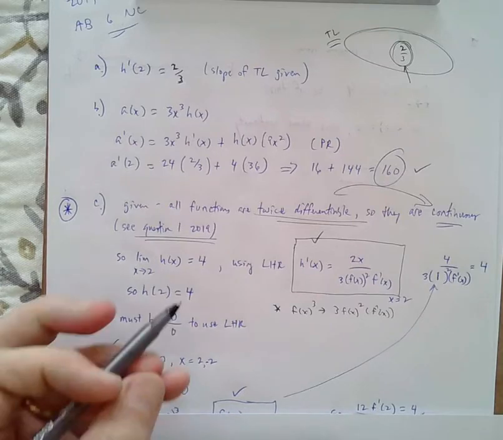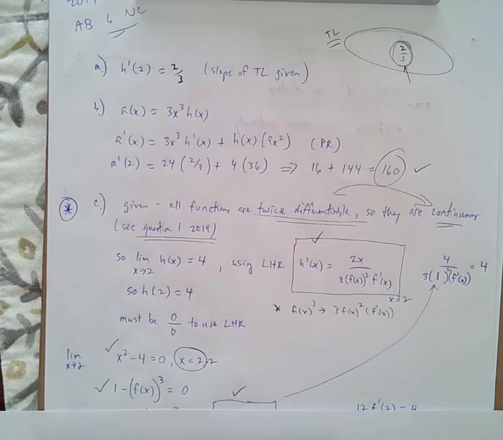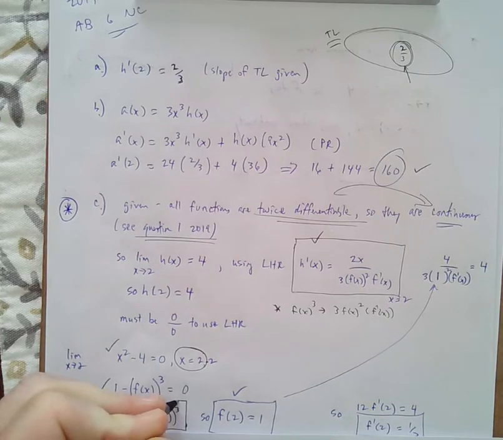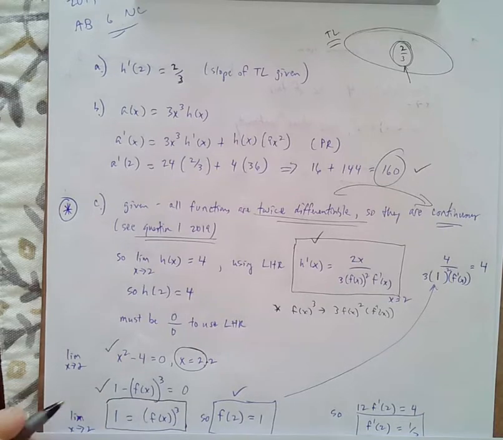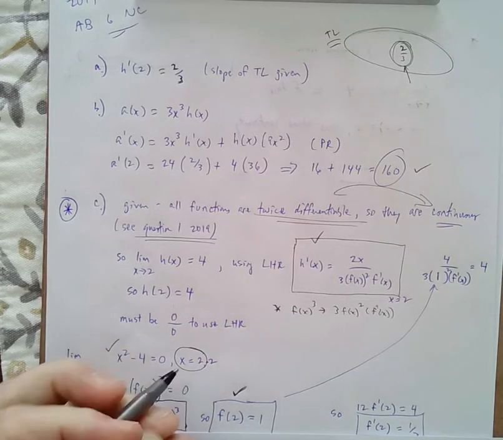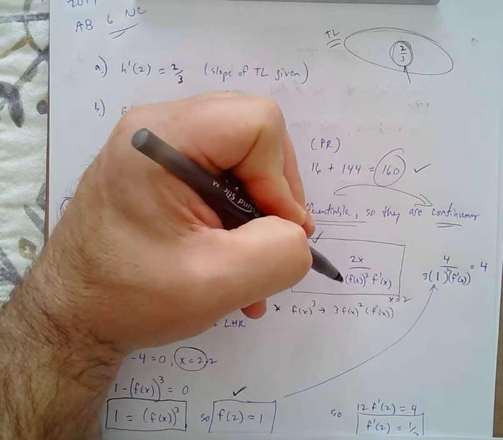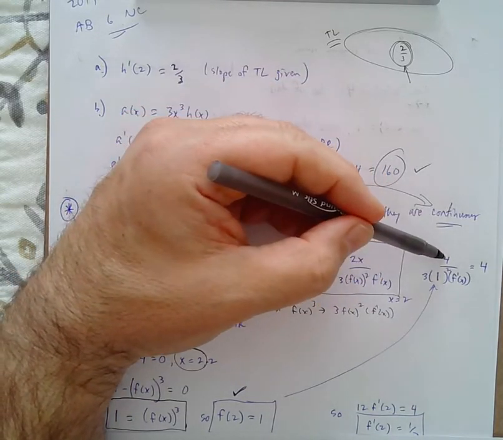I know that x equals 2 and negative 2, if you will, satisfies the numerator, which gives me the 2. But now I got to set the denominator equal to 0. So I know that f of x cubed has to equal 1, all right? Now I know that f of 2 has to be 1 because 1 cubed is 1. So that gives me f of 2, which I would put into here for the derivative. 2 times 2 is 4.